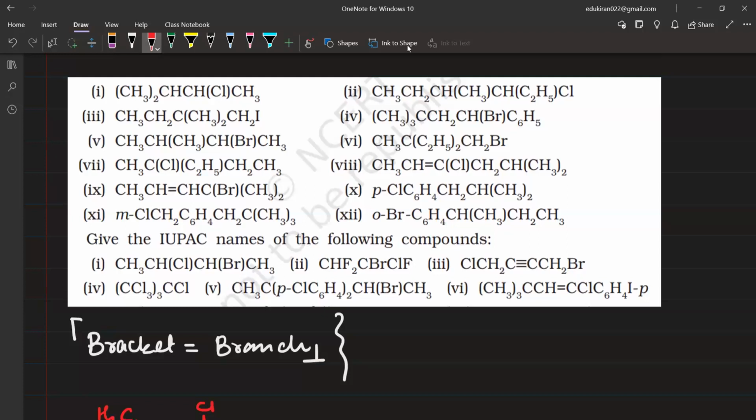Okay. So I'm going to write the CH3, then I'm going to write the CH2, then I'm going to write the CH. Will I write CH3 right now or later? You have to write everything which is not branched.